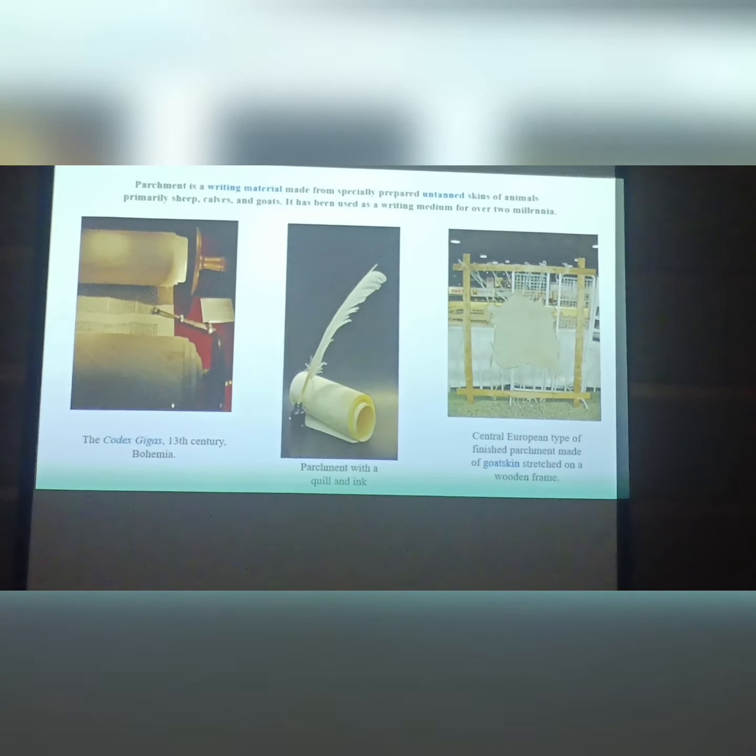First we used scrolls and then we converted to the codex. Folio is just a sheet of paper. On that sheet of paper we have 4 pages, 2 pages on the front side and 2 pages on the back side, folded from the middle.